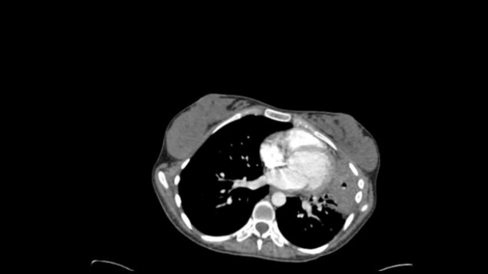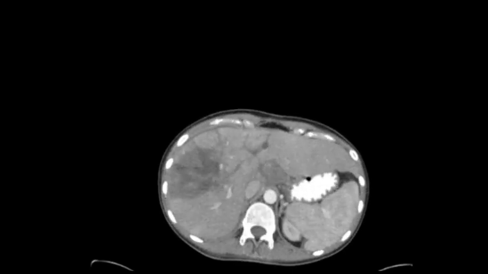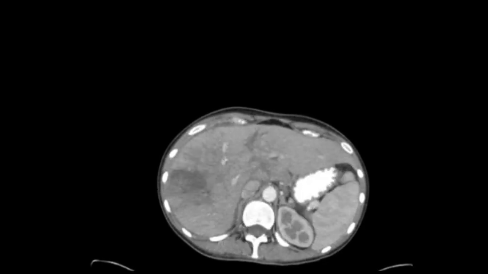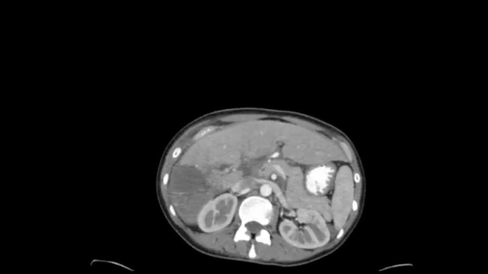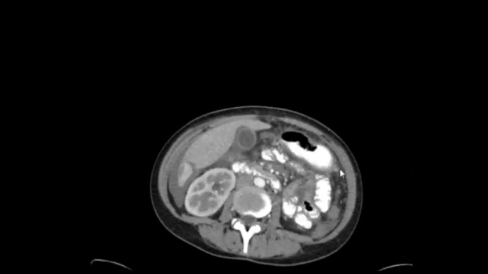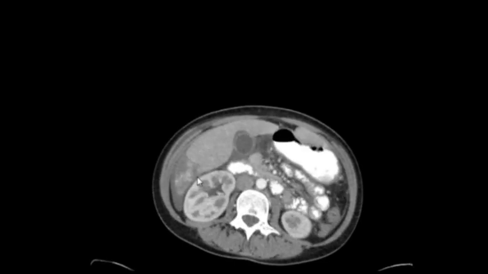This is the contrast in the arterial phase. Now the heterogeneous area involving the right lobe of the liver is more obvious, and it is non-enhancing. At segment 6 of the liver, there is an obvious laceration involving the right lobe.